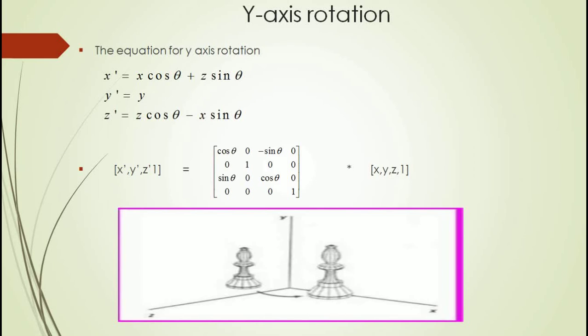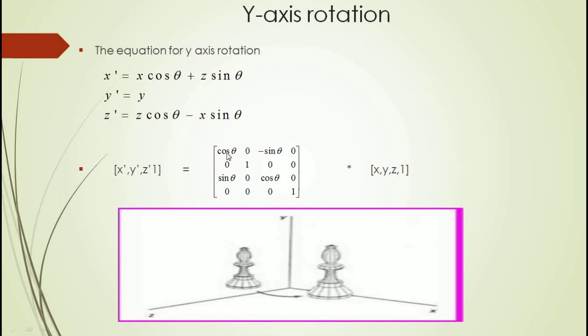Okay, so here we calculate x dash, y dash, z dash, 1 is equal to cos theta 0 minus sin theta 0, 0 1 0 0, sin theta 0 cos theta 0, 0 0 0 1. Here, if we multiply this matrix into this one, we get the result of this equation.